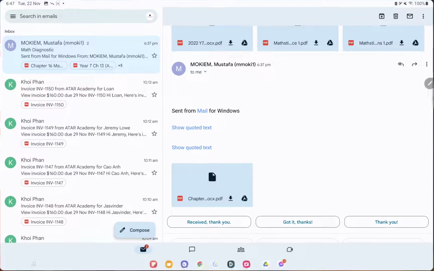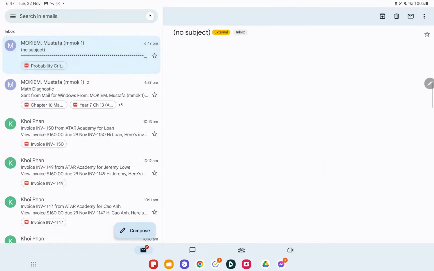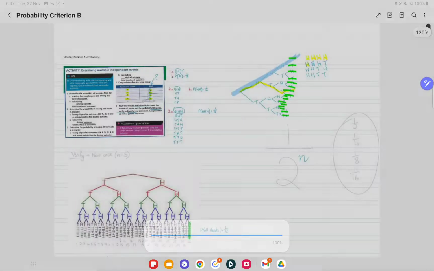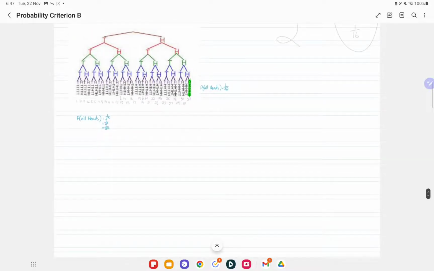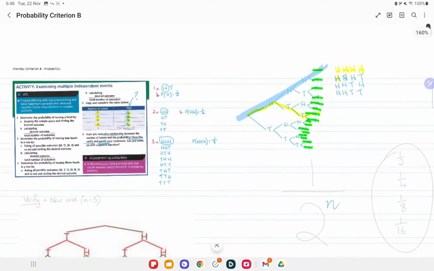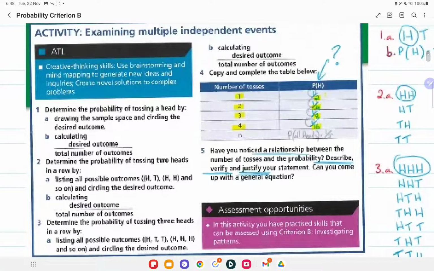Okay, have you emailed it? Oh, the quality is a bit low. Let's see.